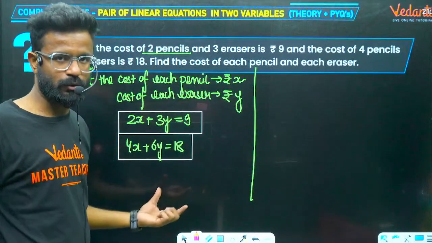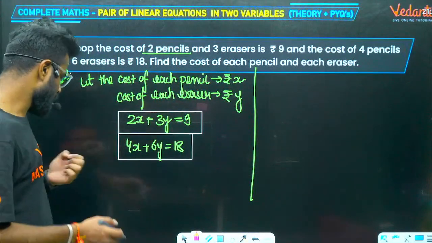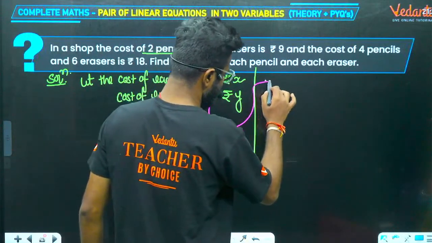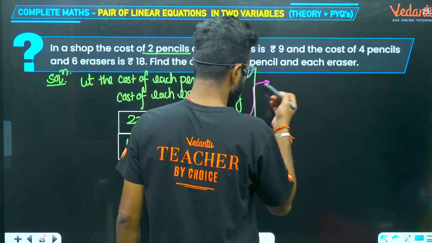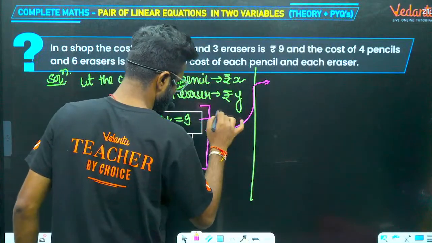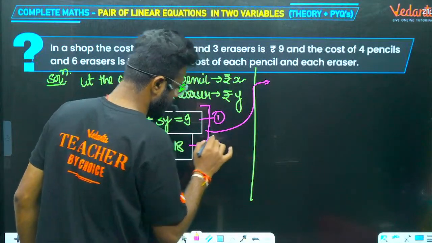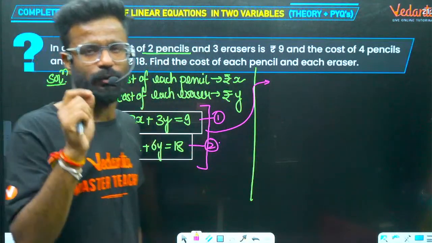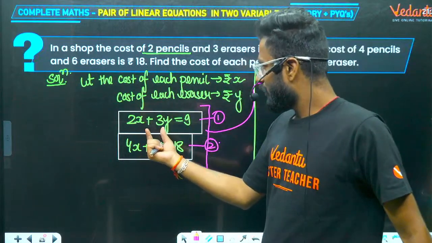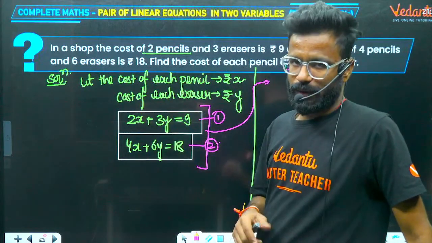Now solve these two to find the values of X and Y. We have to do this by using the elimination method. What is the elimination method? In the elimination method, you just have to make the coefficient of any variable the same.